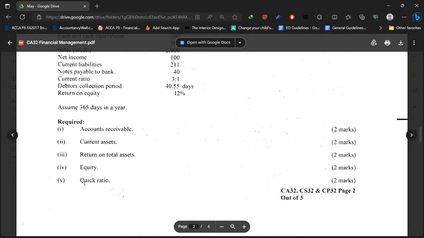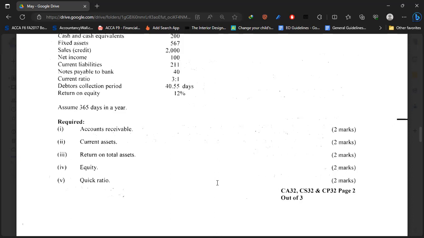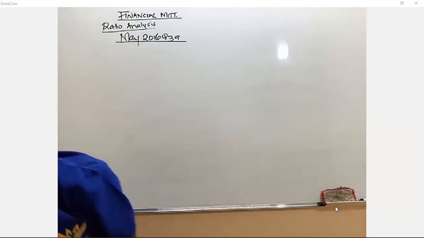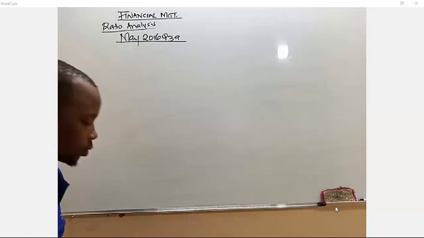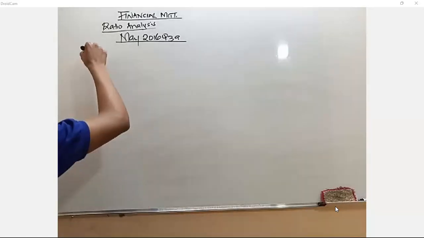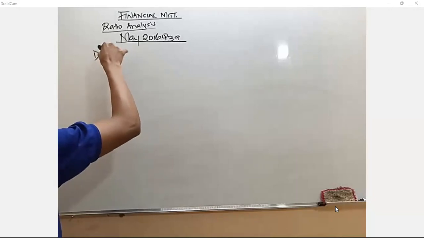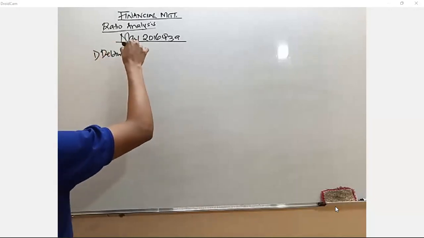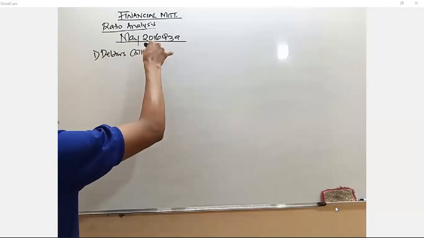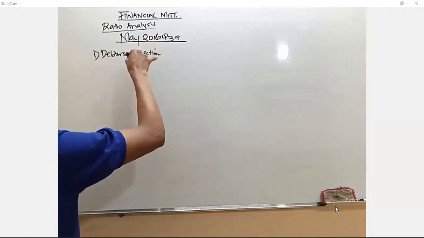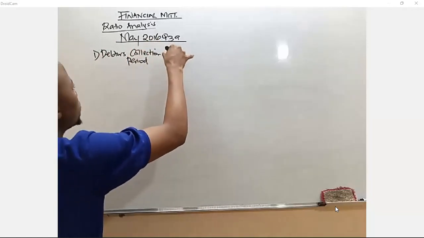In that case, I need to go back and look at the receivables period so that I can get the account receivable. That is what we have just been doing a few minutes ago. So to get the debtors, let me use the debtors collection period. We take 365.